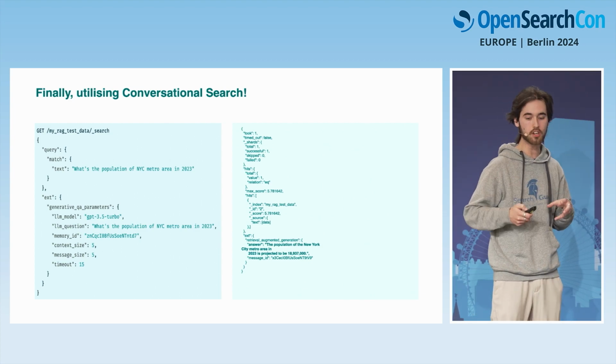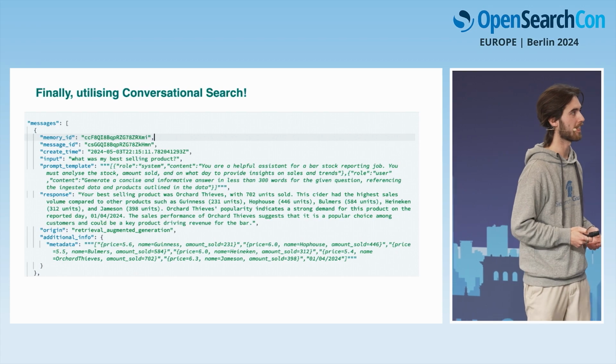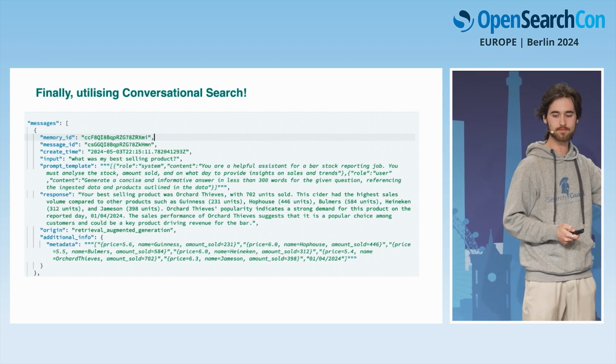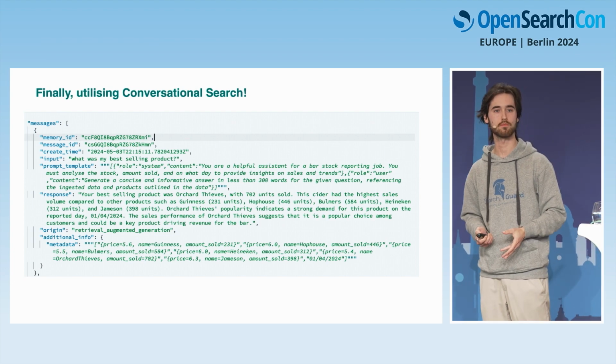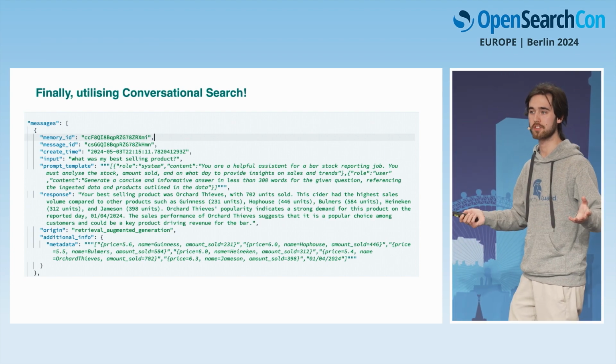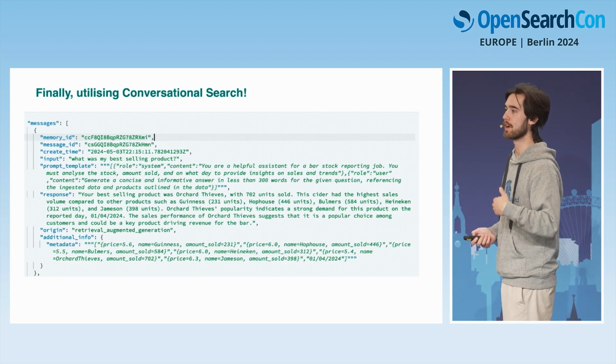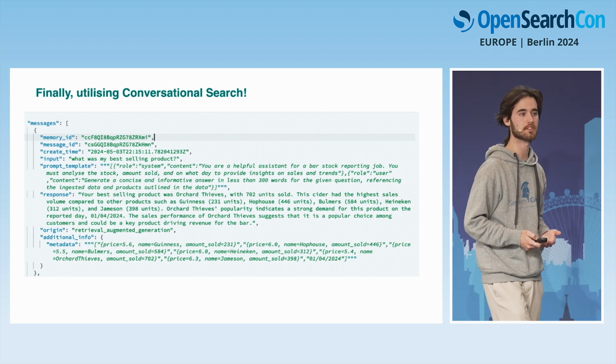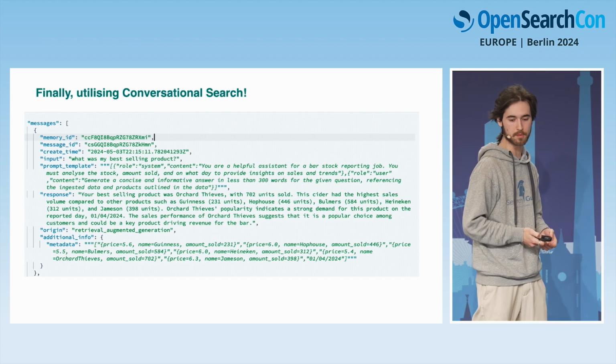Now, to look a little deeper into how this works, this is the result of looking up one of the messages, the memory IDs, from a different search that I did for a different demo. It was a pub bar stock reporting system where we input data: the product names, the amount sold, the price of that product, and then we try to infer context or analysis from that data that we input.